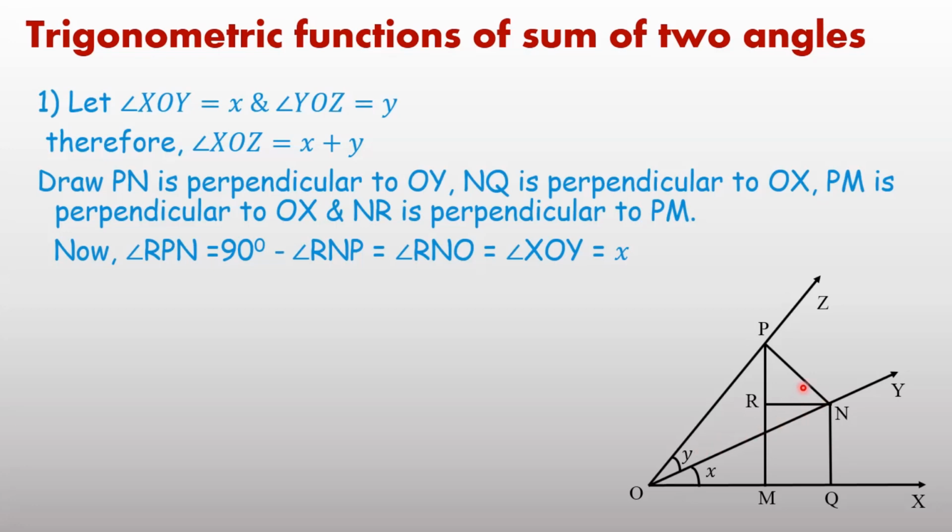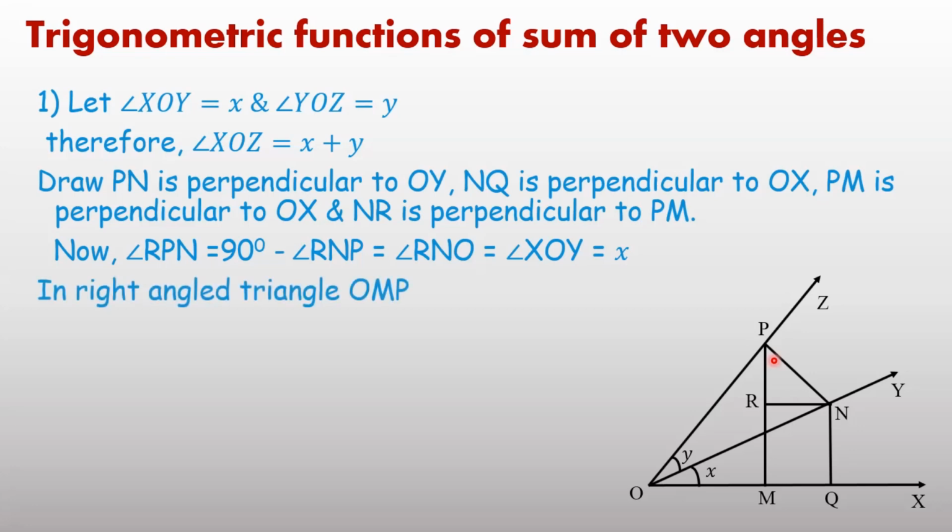Since this whole angle is 90 degrees, what remains is 90 minus X. And if it is 90 minus X, then angle P is X. That is written in the first line. This angle X is also equal to angle P. Value of angle P is X. Just two steps covered: three lines drawn, perpendiculars drawn, and this angle P is also equal to X.